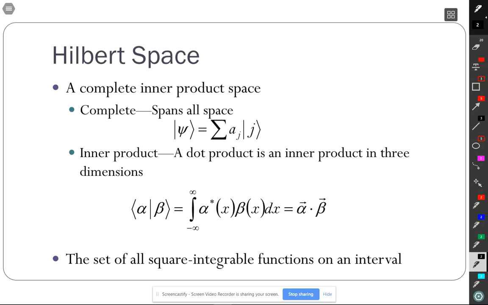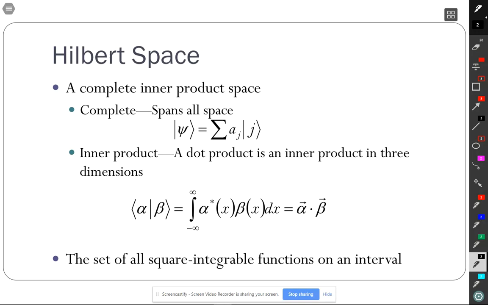What does it mean? Complete means that you have all of the possible directions that are mutually orthogonal, so that any vector can be written as a linear sum of each one of your states. So here we have psi, a vector, ket psi, to be accurate, is equal to the sum of a subscript j, which is just some constant, multiplied by eigenstate j.